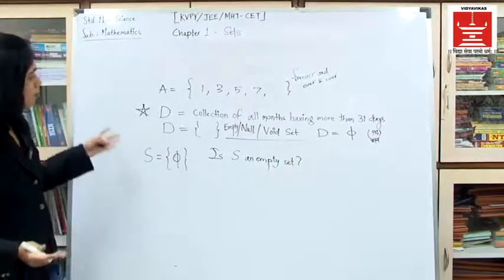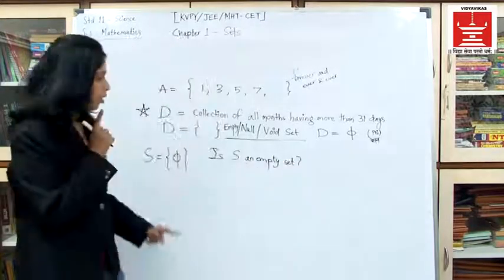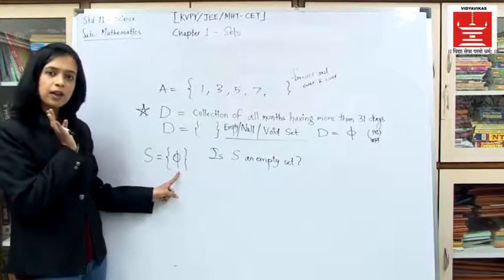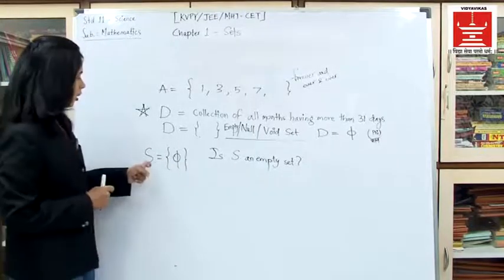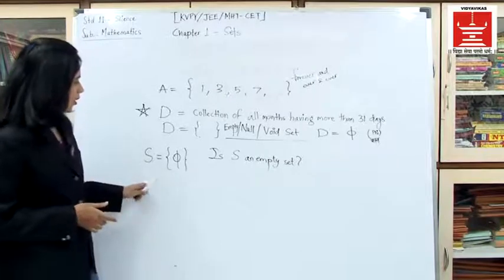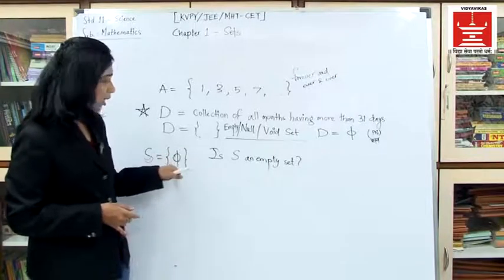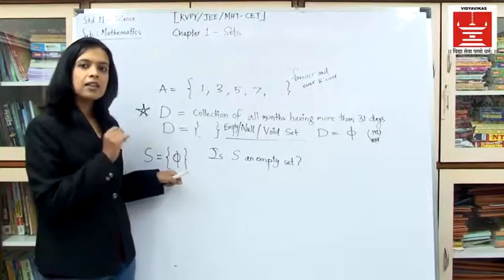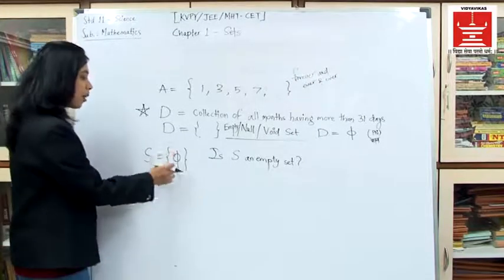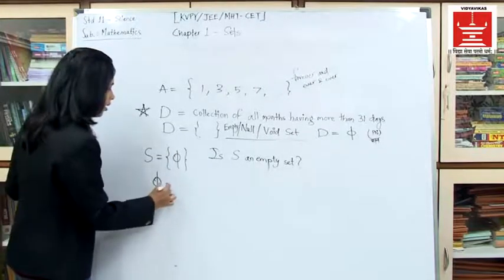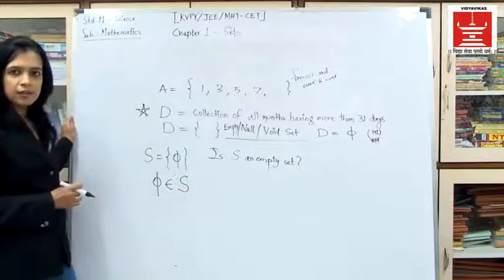Well, at the first glance, you might say yes, it is an empty set because it features phi, but if you look at it carefully, the phi is a member of this set. So this is a collection where the empty set is a member of it. So, can S be empty? No. Empty set is a member of it. So, you can say phi belongs to S. Phi is a member of S, right?